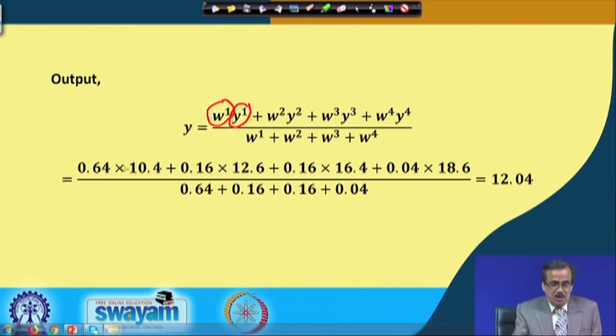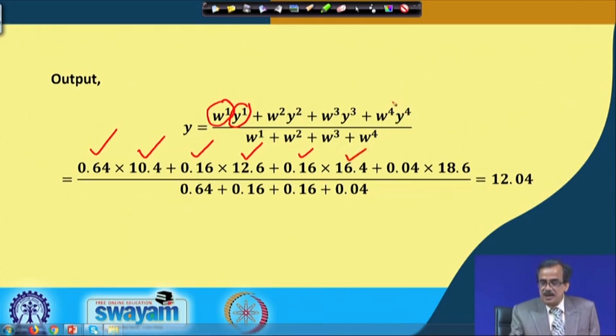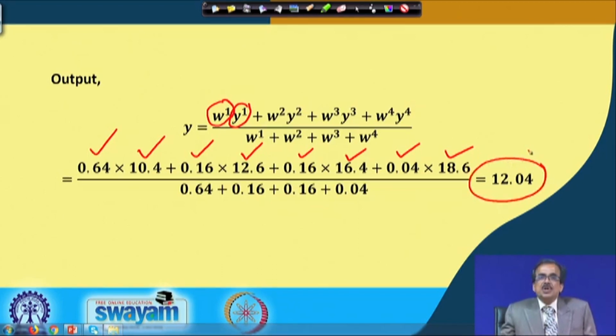And if you substitute all the numerical values here, for example, in place of W 1 I put 0.64 and y 1 is 10.4, then W 2 is 0.16 and y 2 is 12.6, then W 3 is 0.16 and y 3 is 16.4, then W 4 is 0.04 and y 4 is 18.6, divided by the sum of all W values, I will be able to find the output, which is 12.04.